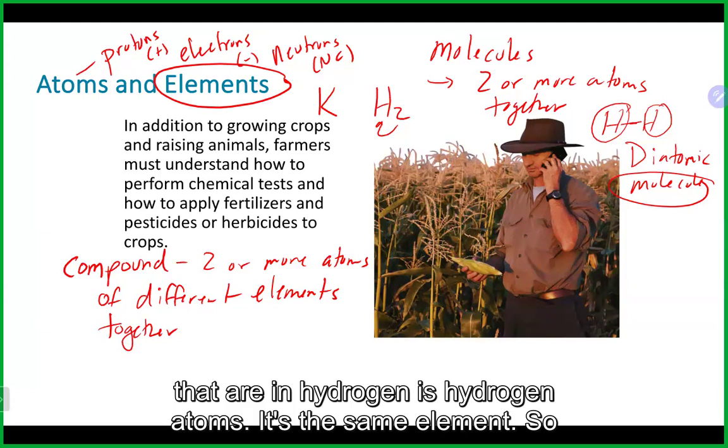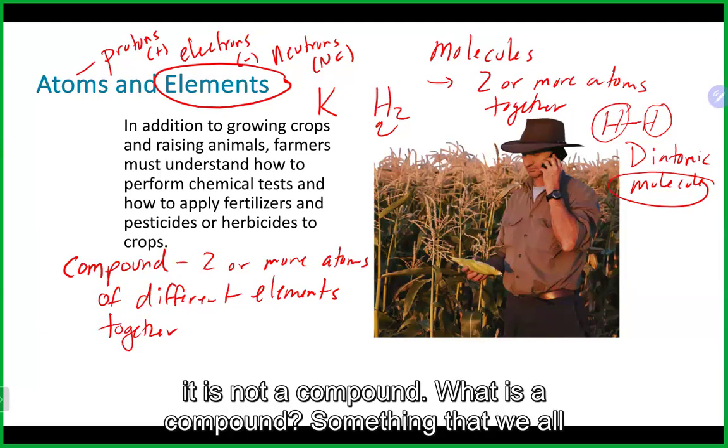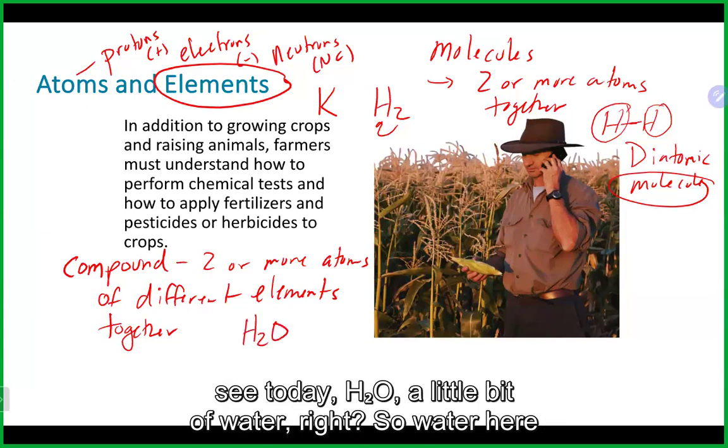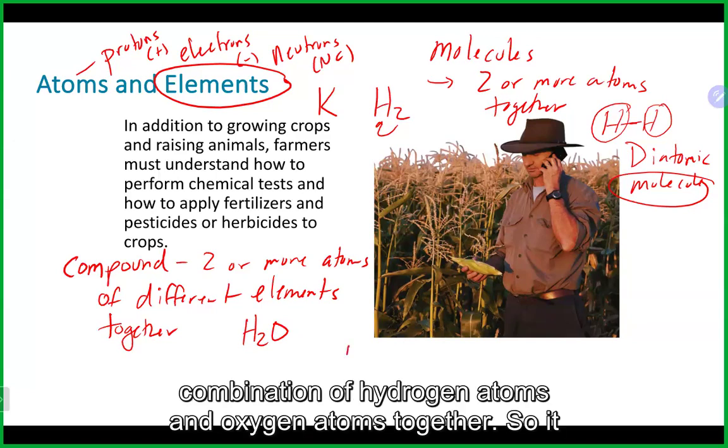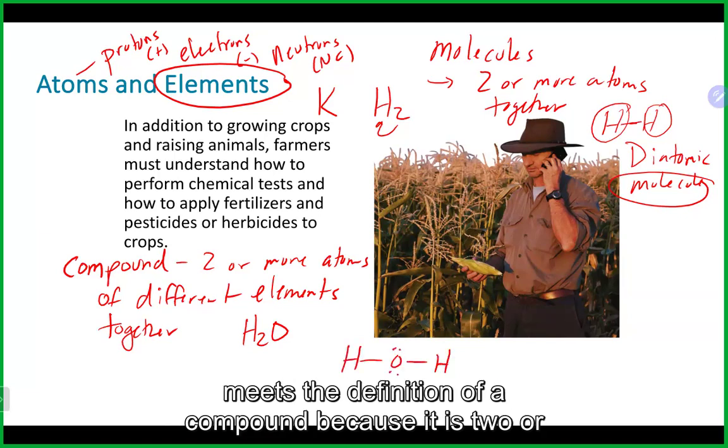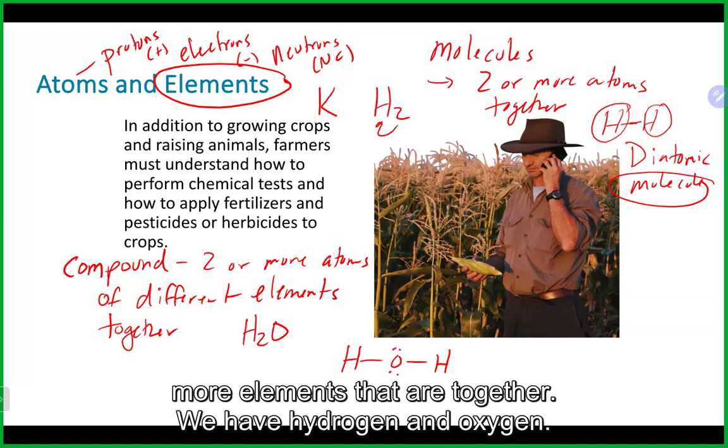It's the same element. What is a compound? Something we all see today, H2O, a little bit of water, right? Water is a compound because it is a combination of hydrogen atoms and oxygen atoms together. So it meets the definition of a compound because it is 2 or more elements that are together. We have hydrogen and oxygen.